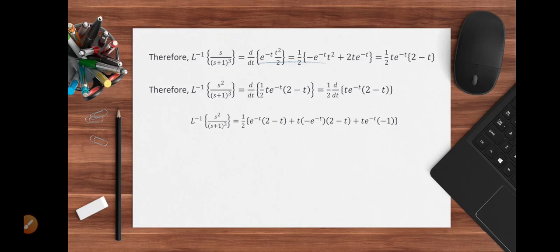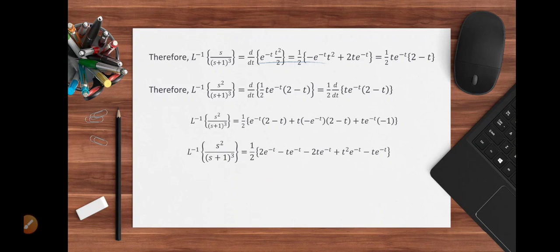Here you have to take u dash, that is derivative of t is 1, v into w as it is. Then u as it is, derivative of v and w as it is. Then u into v as it is and derivative of w. On simplification, you get these steps.